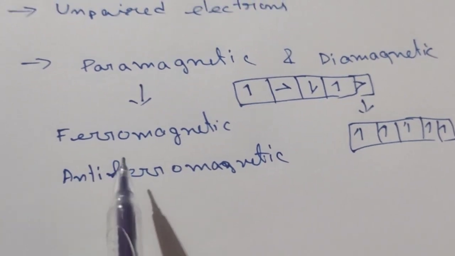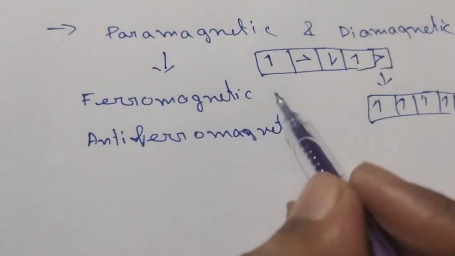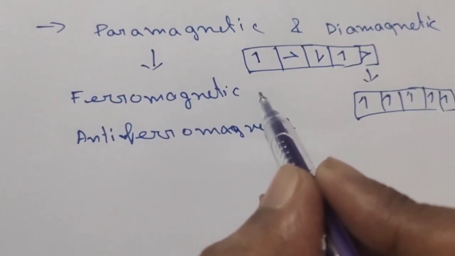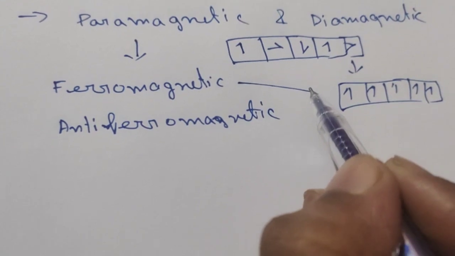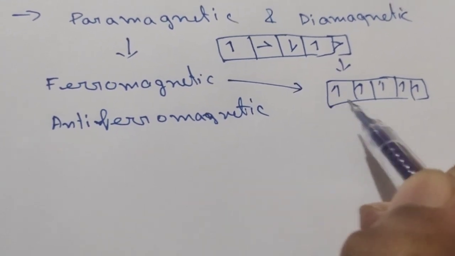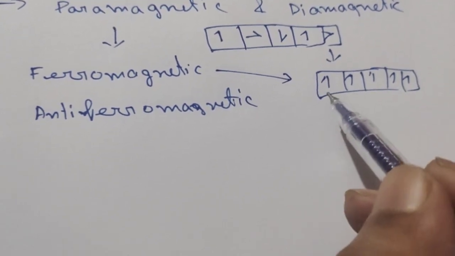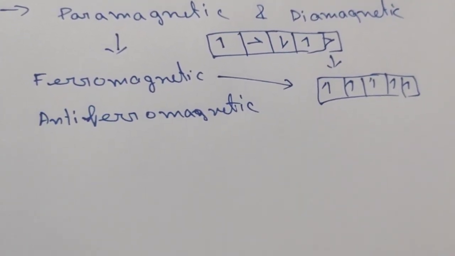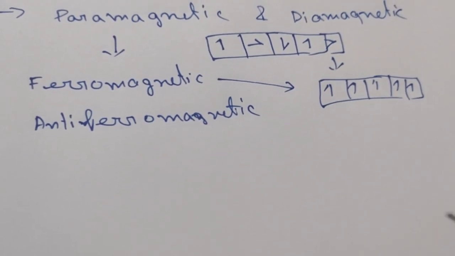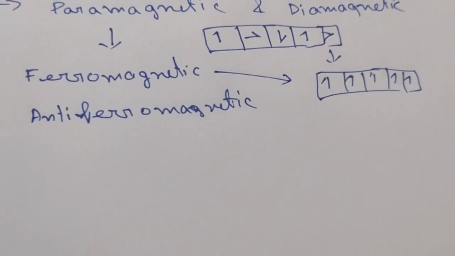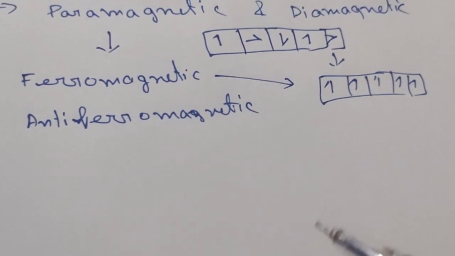Now, what is ferromagnetic and antiferromagnetic? Ferromagnetic compounds by default have the alignment like this one. Since they are already aligned in one direction, they get strongly attracted to the magnetic field.